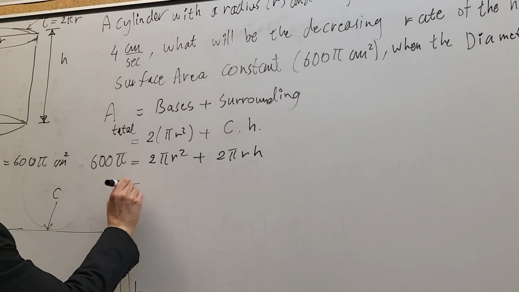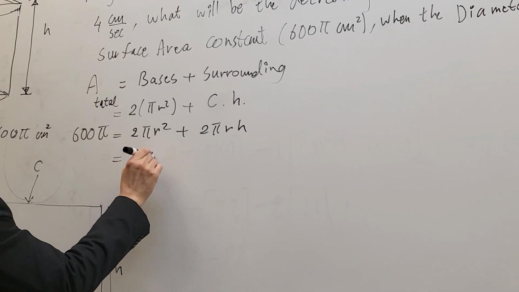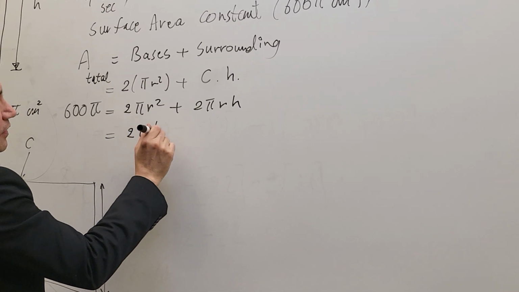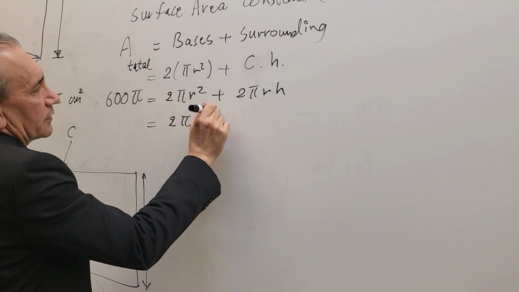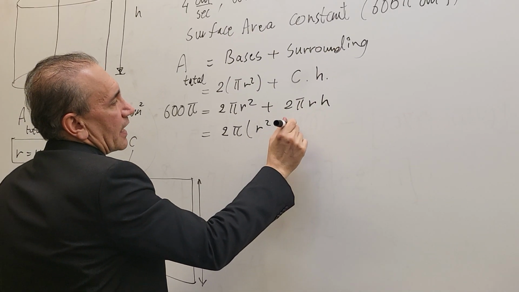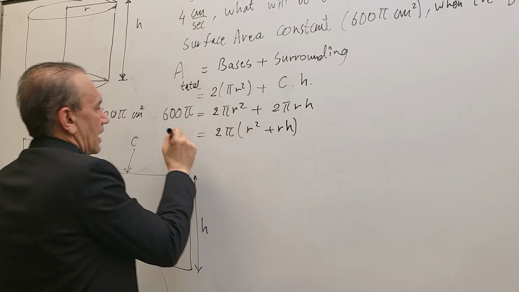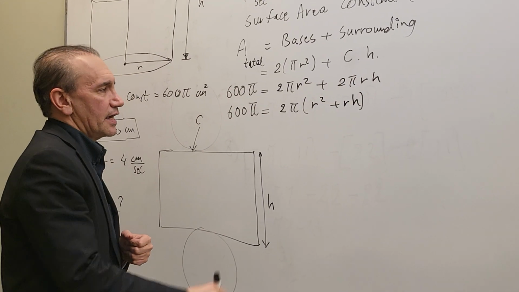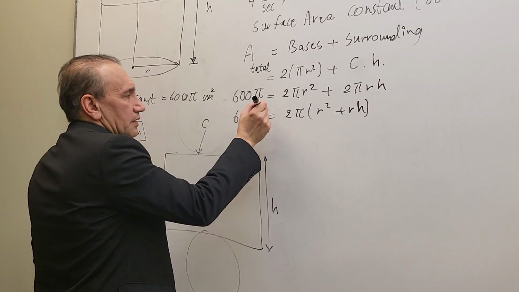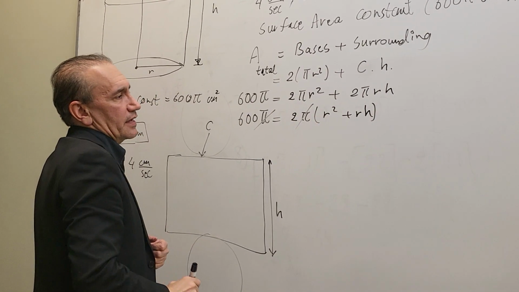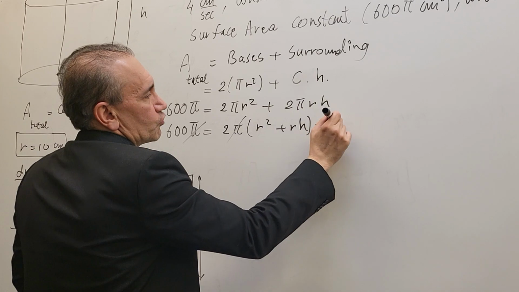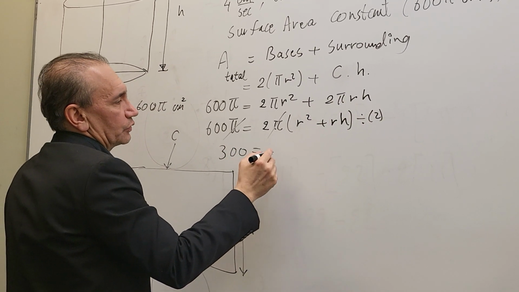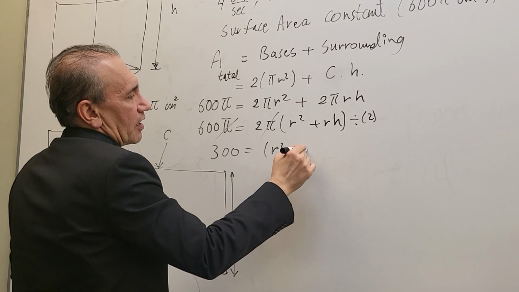If I take 2 pi as a common factor, I have r squared plus rh, and 600 pi on the other side. I divide both sides by pi, then by 2, so I have 300 equals r squared plus rh.